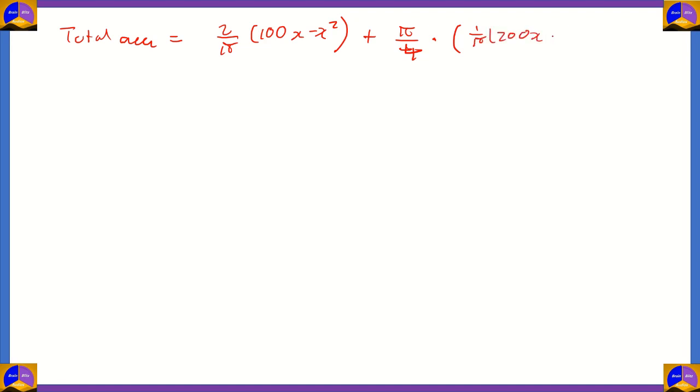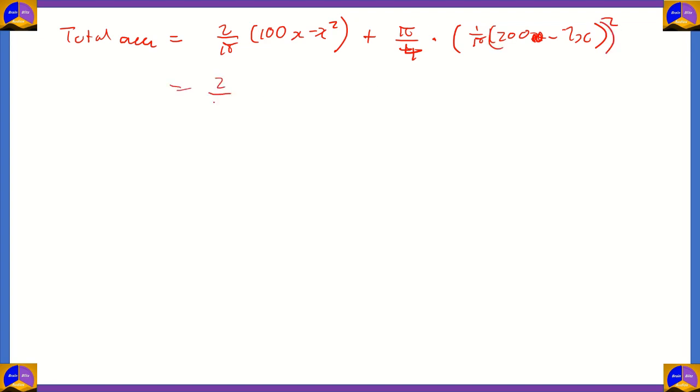So now the total area is equal to 2 by pi into 100x minus x squared plus pi by 4 into 1 by pi into 200 minus 2x, the whole squared.